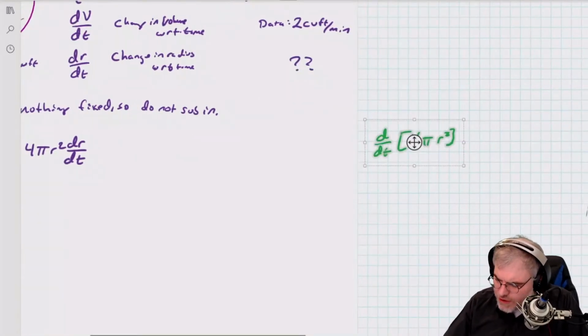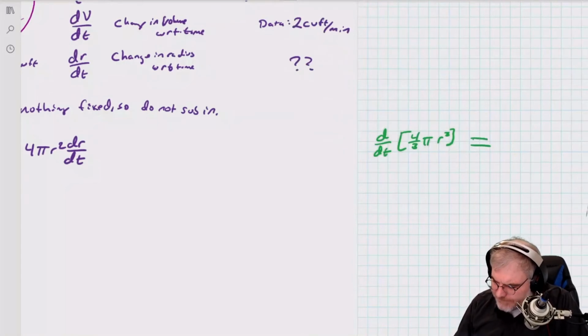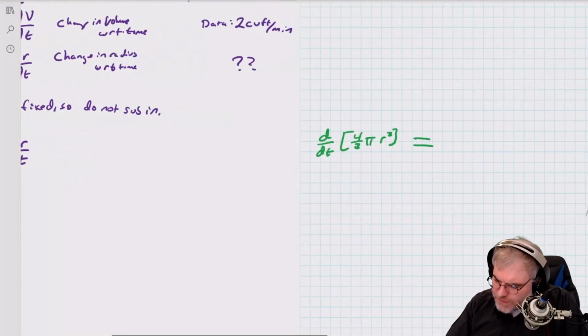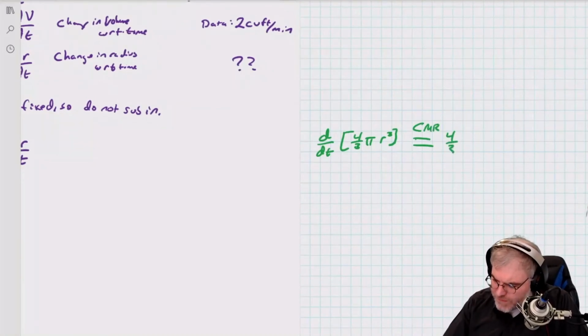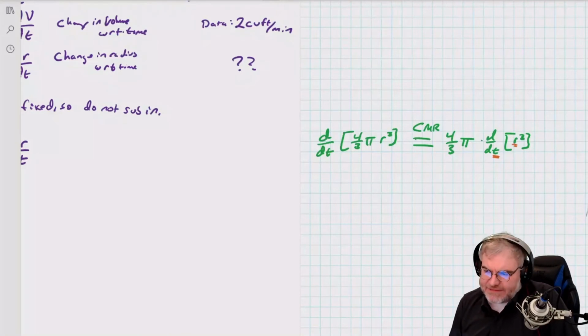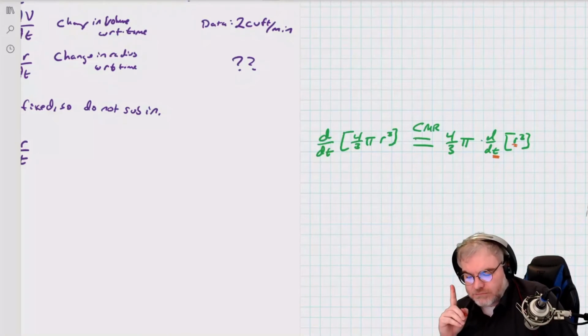All right, so this is a good question. Why is that the derivative? Now I'm going to apply the constant multiple rule and pull out both constants. So this becomes 4/3 pi times the derivative with respect to t of r cubed. Now, I've got t here and r here, and I can't do that. That's bad.